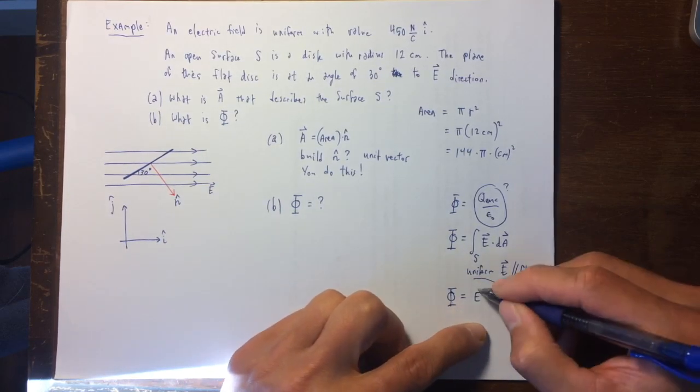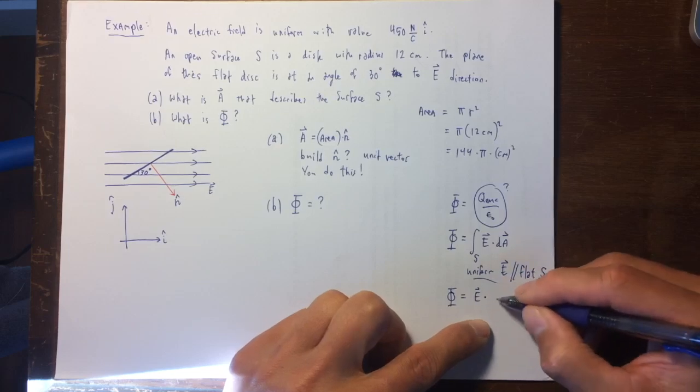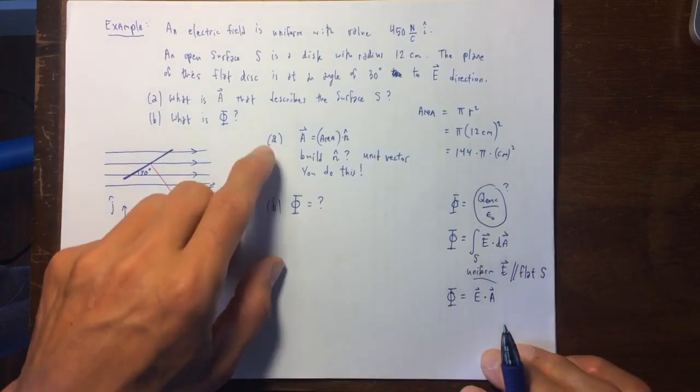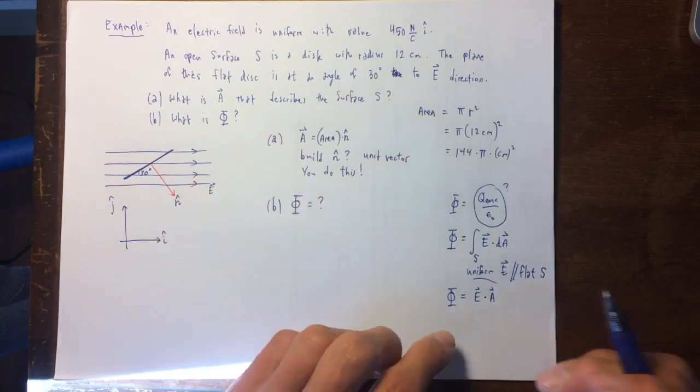It's just E dotted with the area vector A, and the area vector is here.